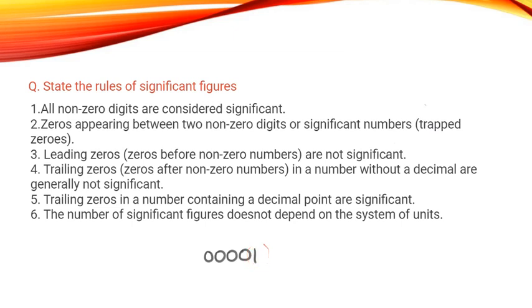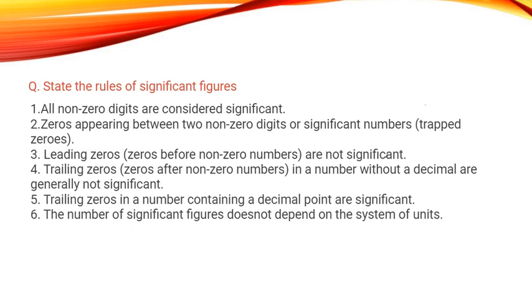Now for such a number 0001, this value will always be equal to 1. Why? Because these leading zeros will always be insignificant. So no matter how many zeros you add before a significant number, they will all be insignificant. So whenever you take a measurement or write your values, you will write only the significant value, which is your 1. So in this case, how many significant figures? 1 significant figure.